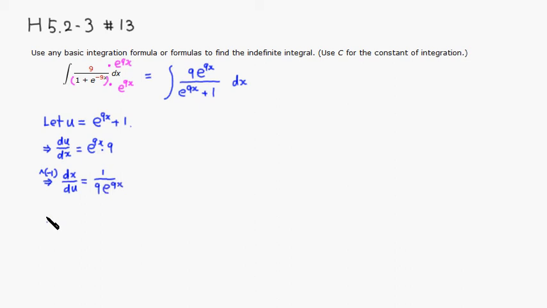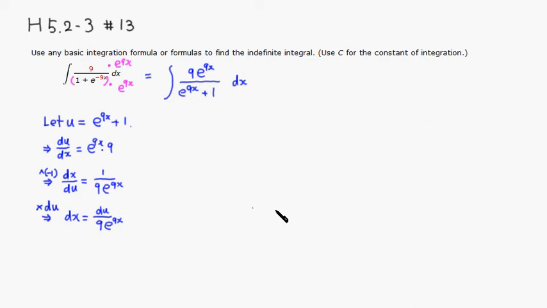And the last step would be just to multiply through by du, so that dx can be written as du over 9 e to the 9x.